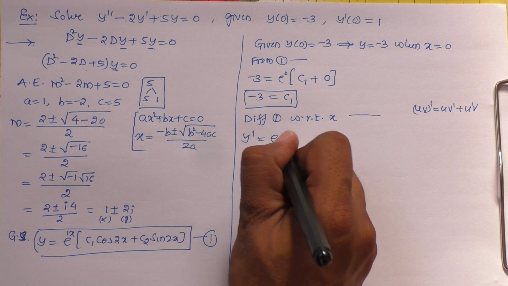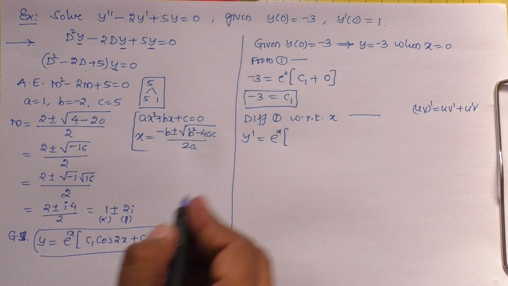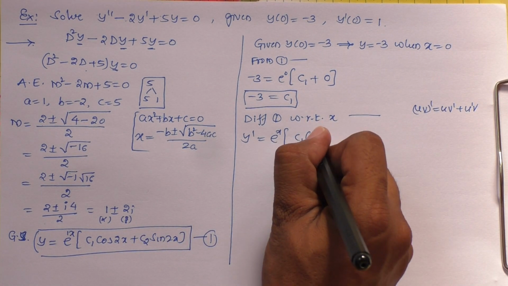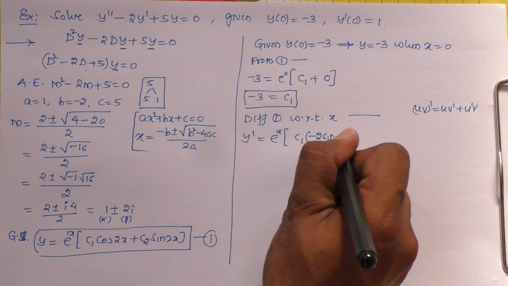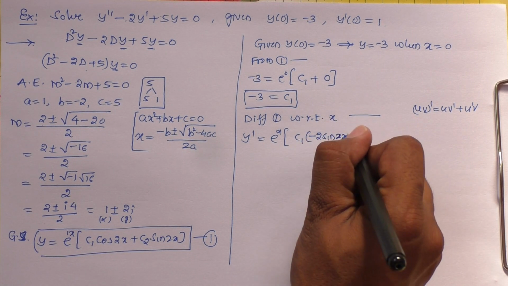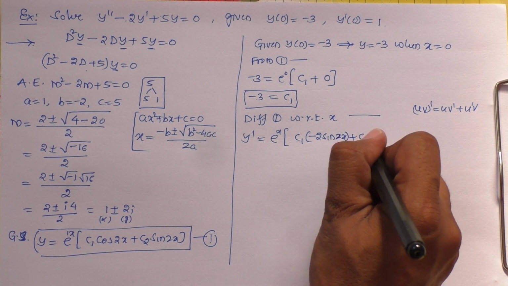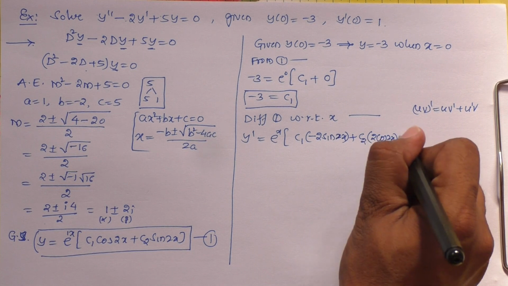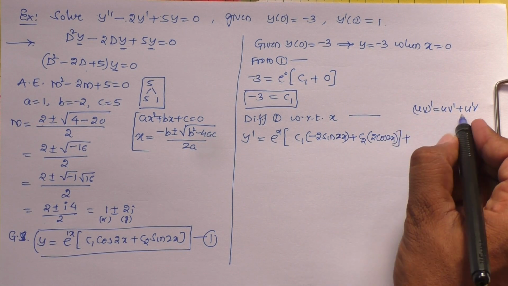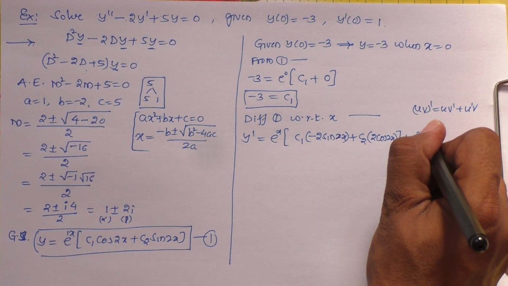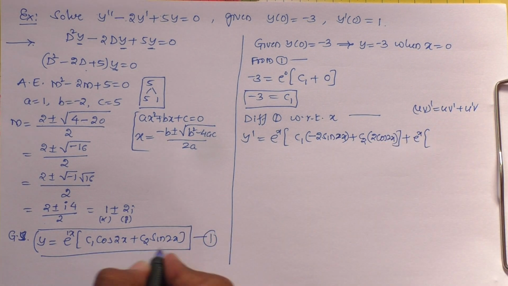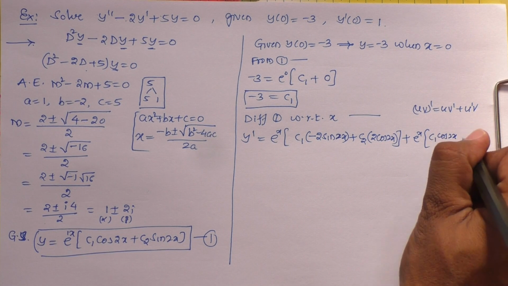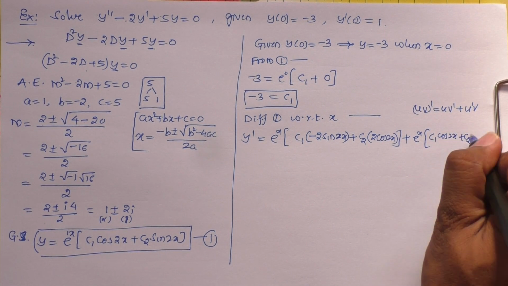So u = e^x into bracket v', the derivative of this part: c1 cos 2x differentiates to -2 sin 2x, plus c2 sin 2x differentiates to 2 cos 2x, plus u' = e^x into v, where v is as it is, c1 cos 2x + c2 sin 2x.